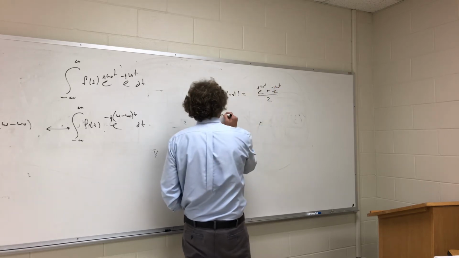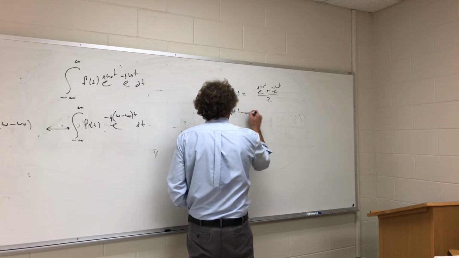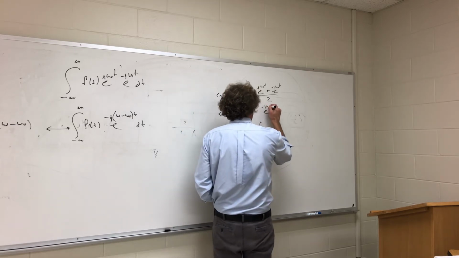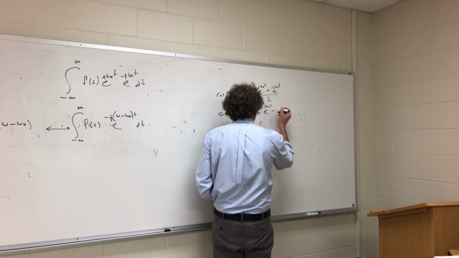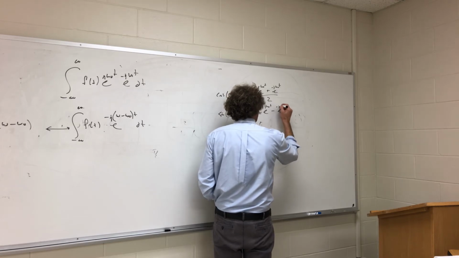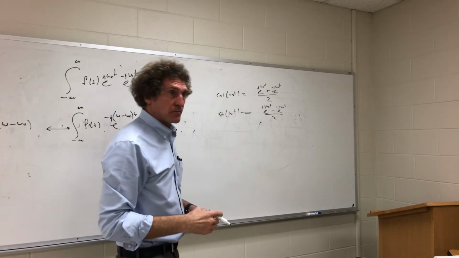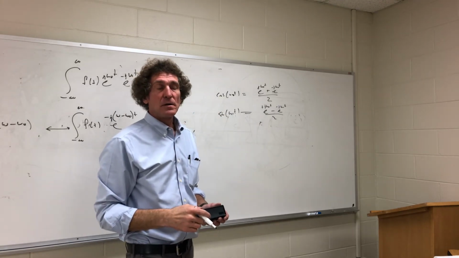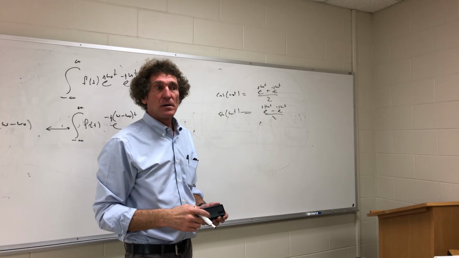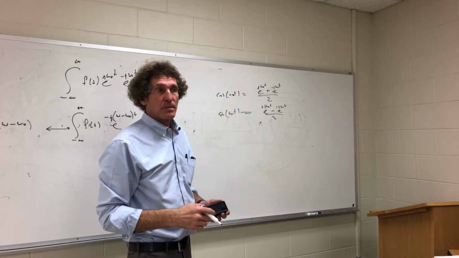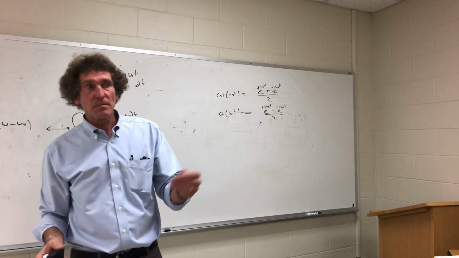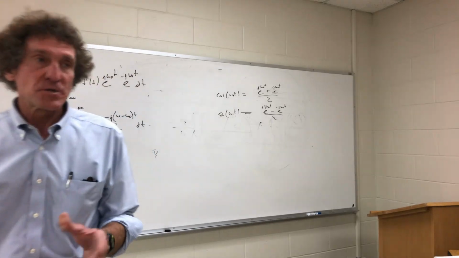If I have a sine of omega naught t, I know that's e to the plus j omega naught t minus e to the minus j omega naught t, over 2, right? So if you modulate one sine wave with a higher frequency sine wave, the result is you get sum and difference frequencies, we'll do that. It has to be, if you think about it.